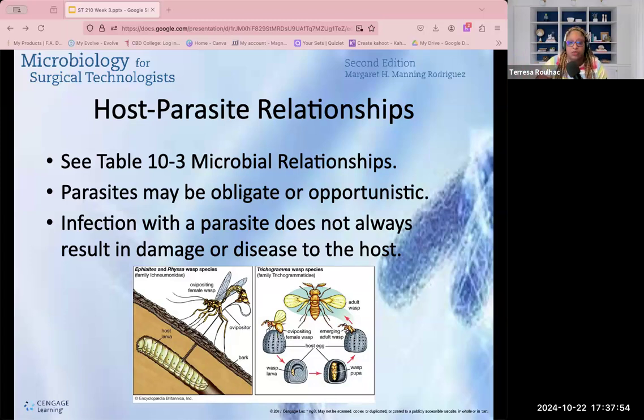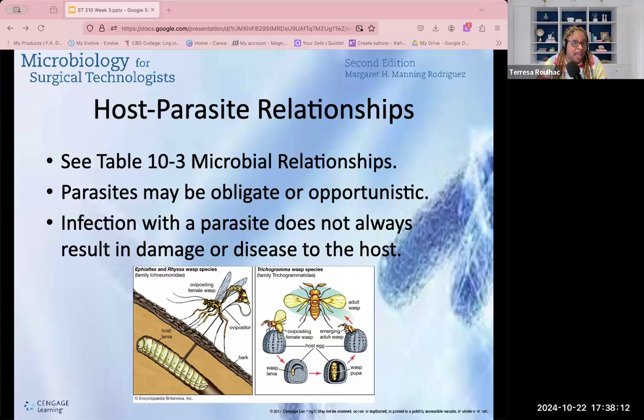When we look at infection with a parasite, that does not always lead to damage or disease in the host. Many factors influence the outcome of infection, including the type of parasite, the host's immune response, the presence of other conditions.